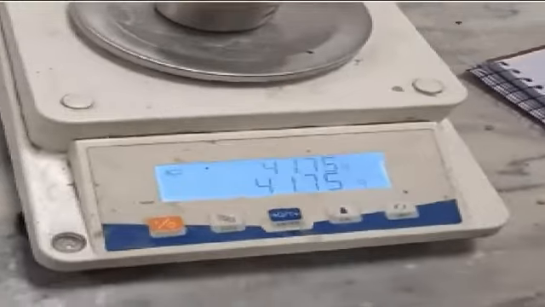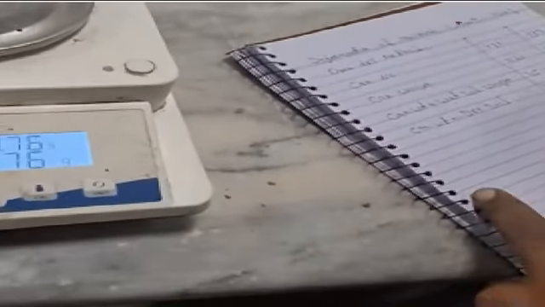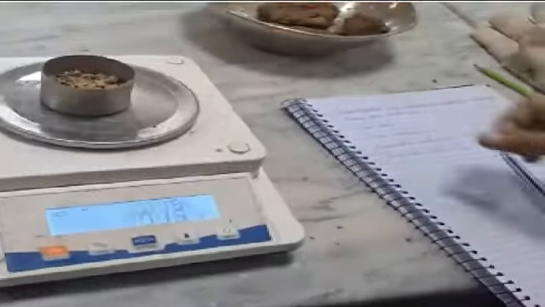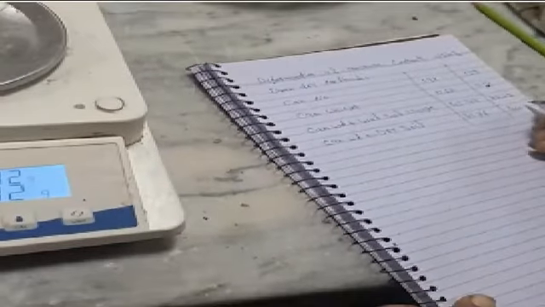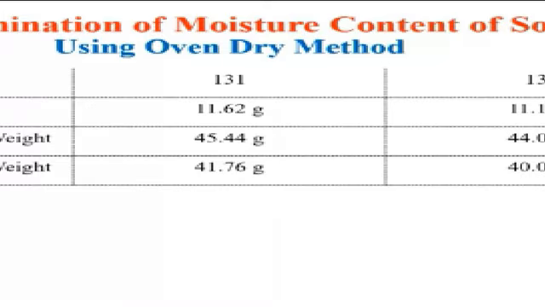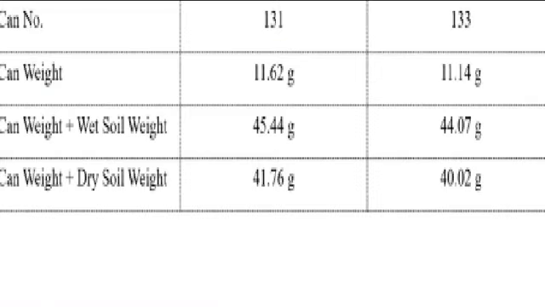Now we remove the sample from the oven and weigh it once again. Take care that we are using the right container, and we note it down finally in tabular form. So here we have the table.